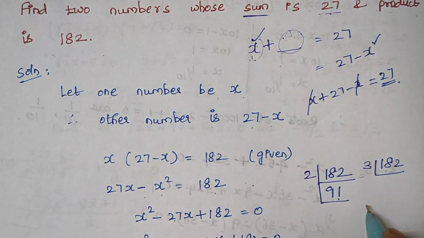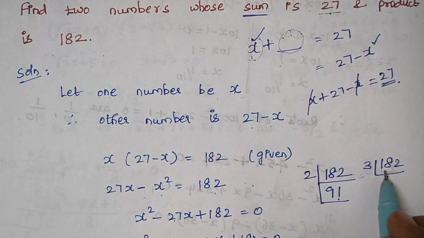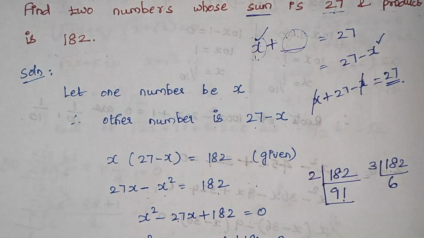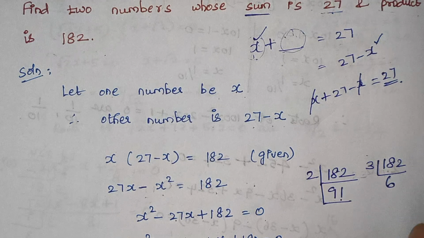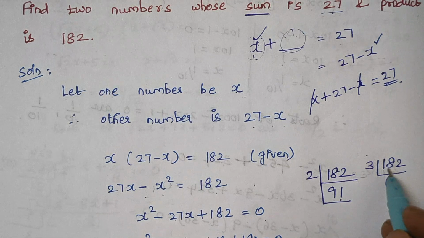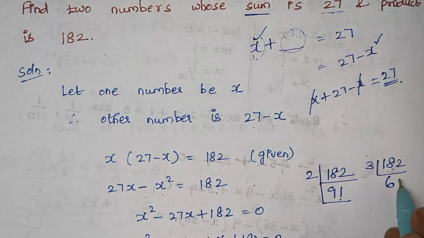182 by 3: 6 3s are 18, so no, it's not possible by 3. By 4, again it's not possible. By 5, no way. By 6, no. By 7, yes, only by 7 it is possible here.